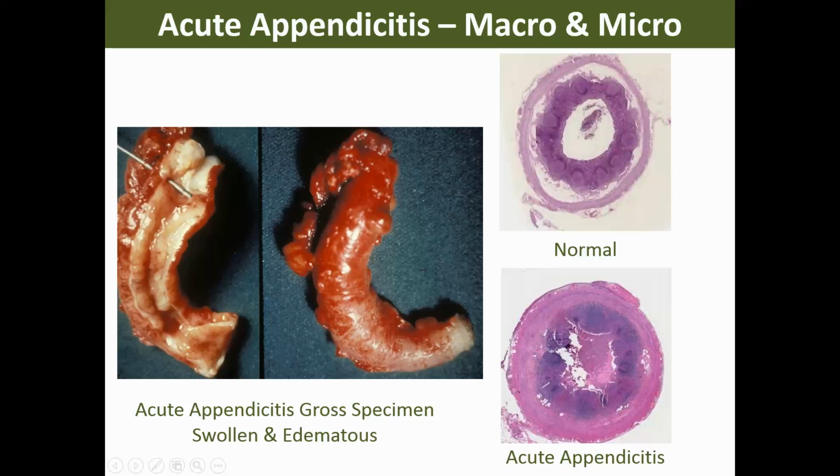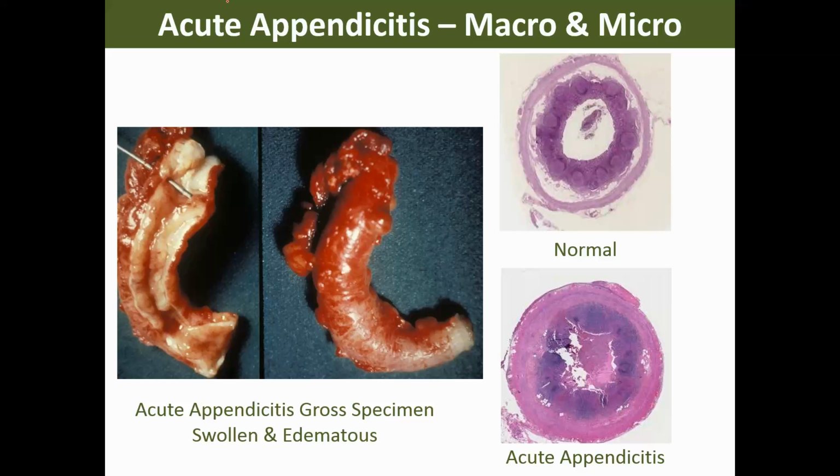Okay. First slide is acute appendicitis. This is the most common example we teach students related to acute inflammation. I can say it's all over the world. So it is so common, so we teach this as the best example to teach acute inflammation.